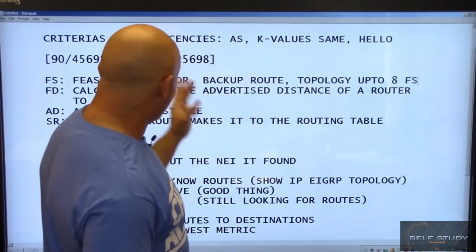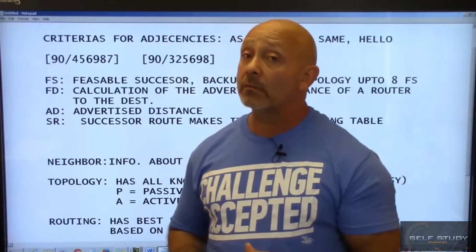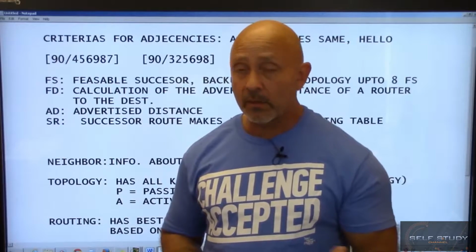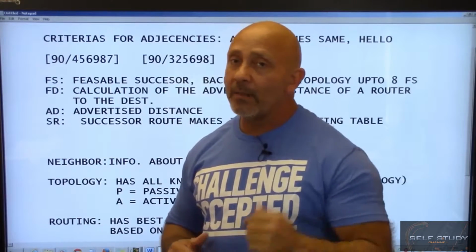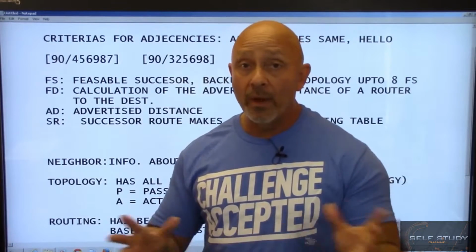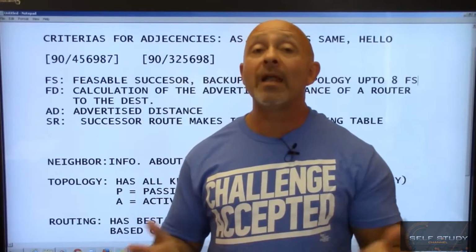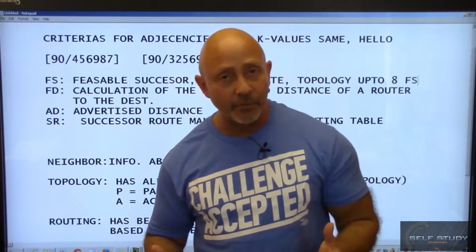Okay? So you can see that EIGRP has a lot of things that it's doing. And it converges very quickly. It's one of the faster ones that immediately converges and creates adjacencies with its neighbor routers, if it meets those criteria, and it's going to meet those criteria because you're not going to create anything different.